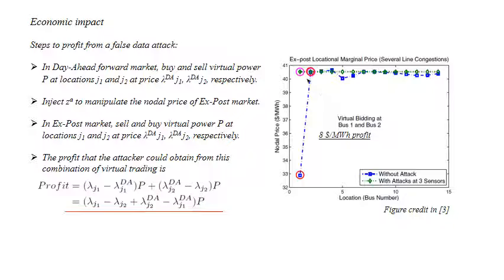First, in the day-ahead market, it has to buy and sell power at certain locations, performing these transactions at certain prices. So we will say locations J1 and J2, with their respective prices in the day-ahead market. Next, it will manipulate the measurements when the real-time market is happening.